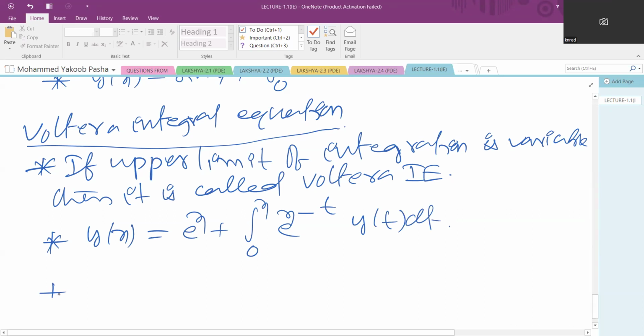If we take another example, y of x is equal to sin x plus integral 0 to, you may take 1 or 2, whatever the value. I am taking 0 to x only, and here I am taking cos of x. This is another example of Volterra integral equations.